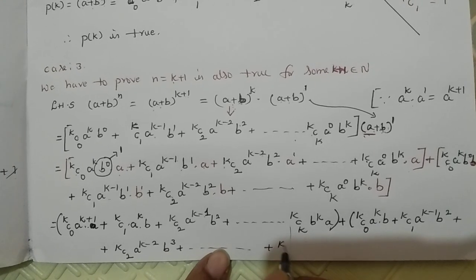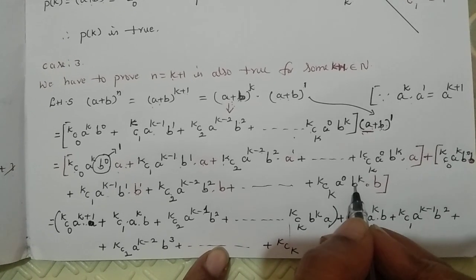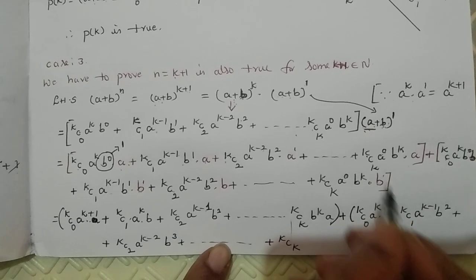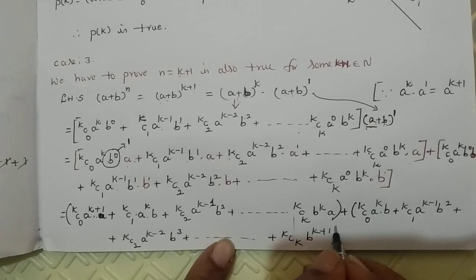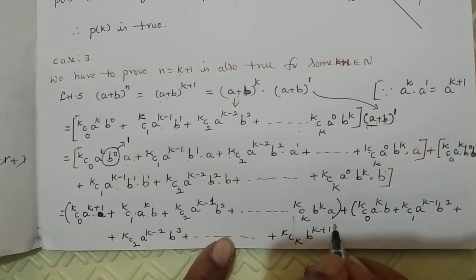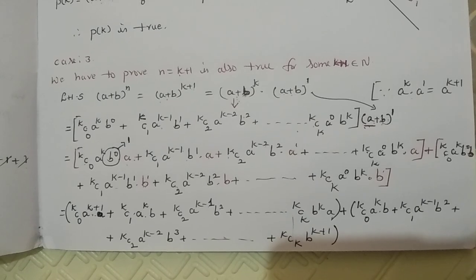The last term: kck, a to the power of 0 is 1, b to the power of k and b power 1, so this gives b to the power of k plus 1. So this is the next simplification step.